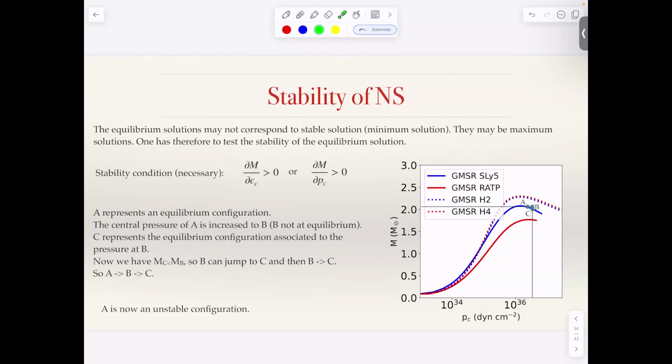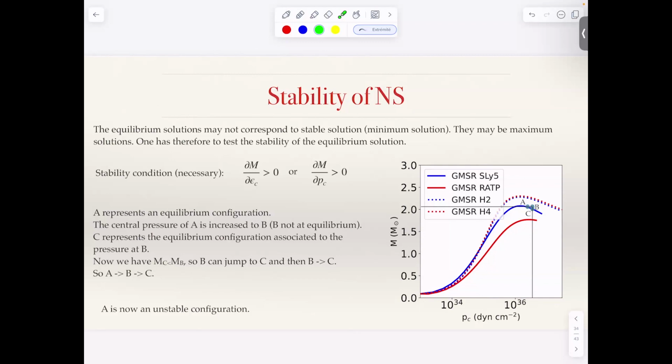A part of the mass of the system could be ejected, for instance. But this is a very simple heuristic demonstration, and it can be made more complex.